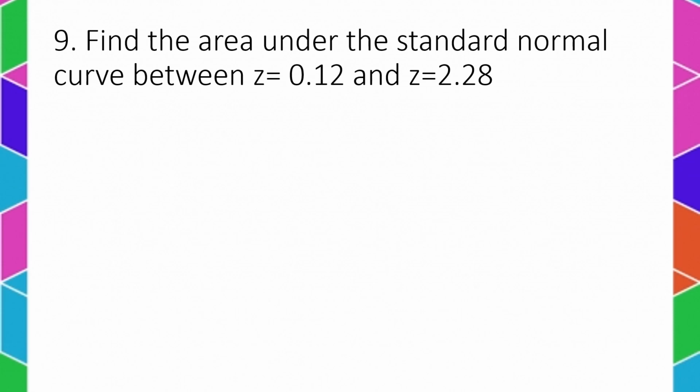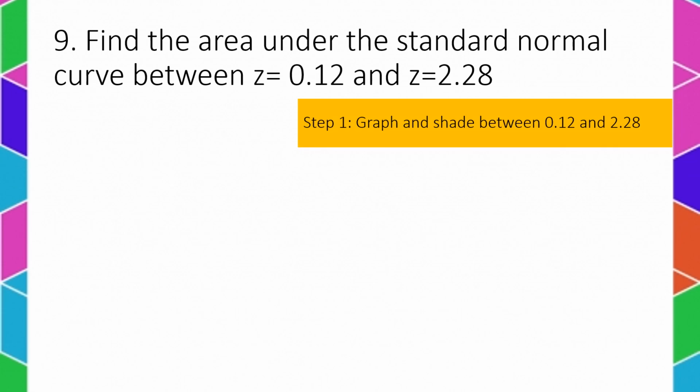Okay, let us proceed to problem 9. Find the area under the standard normal curve between z equals 0.12 and z equals 2.28. No? Our z scores are both positive. Ano kaya magiging itsura ng kanilang graph? Saan kaya nakalocate ang graph ng z equals 0.12 and z equals 2.28?